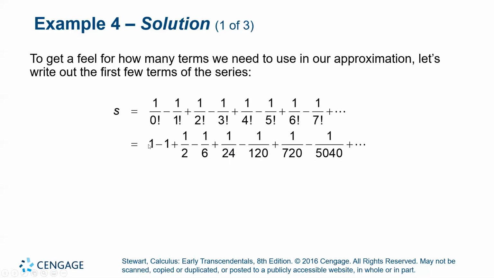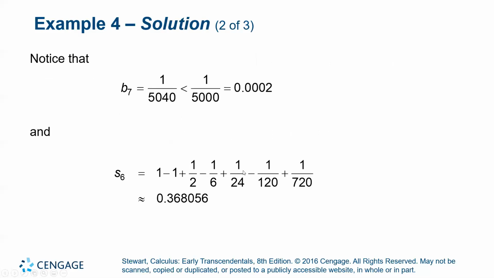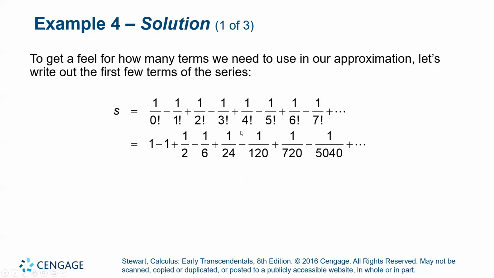So basically what we've written out here are the first 8 terms of the series so that we can understand what these terms look like. Okay, so something to notice, the 7th term, ignoring the sign, of the series is 1 over 5,040. This is from the last one from the previous slide, ignoring the sign.